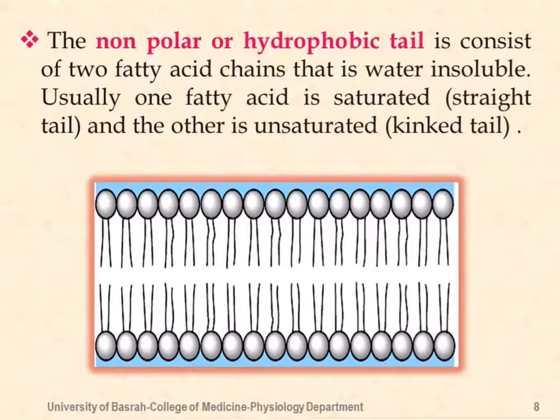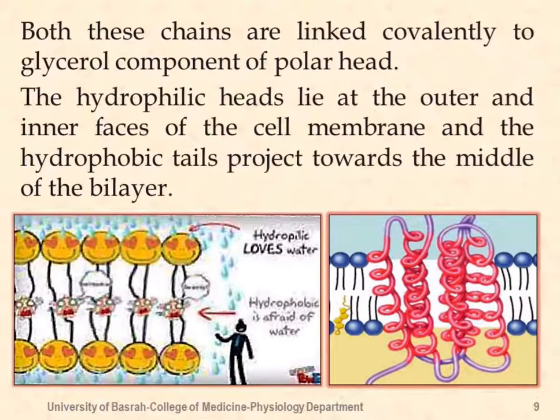The nonpolar or hydrophobic tail consists of two fatty acid chains that are water insoluble. Usually one fatty acid is a saturated straight tail and the other an unsaturated kinked tail, يعني متعرج. Both these chains are linked covalently to the glycerol component of the polar head.